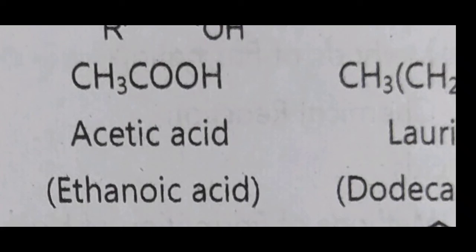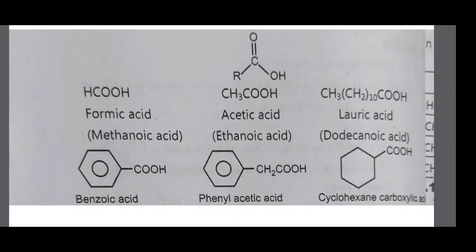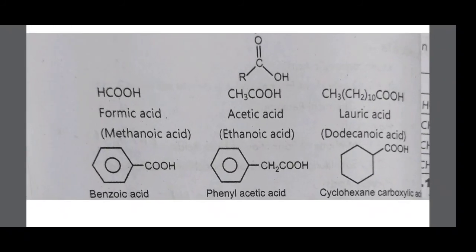That is how the IUPAC nomenclature is formed from the alkane. Lauric acid is also known as dodecanoic acid. Deca means 10, do means 2, so dodecanoic acid is also called lauric acid.